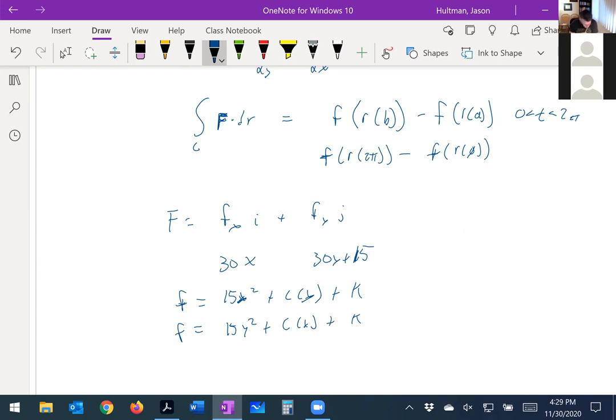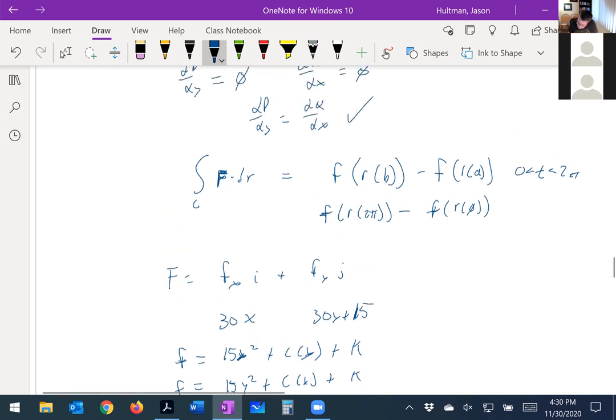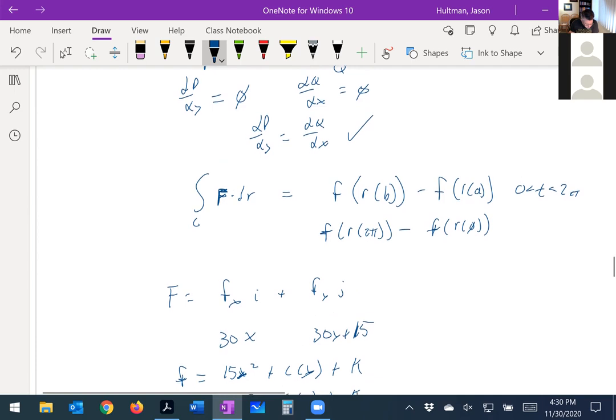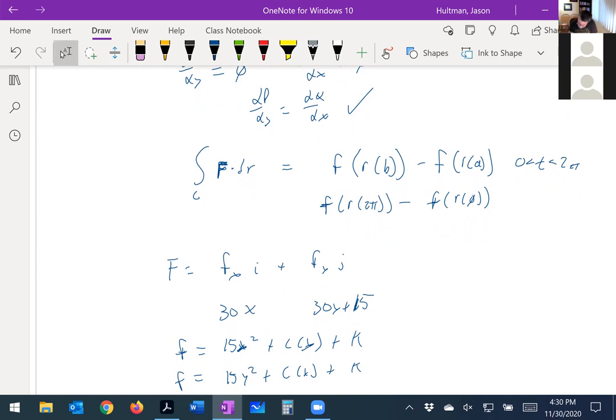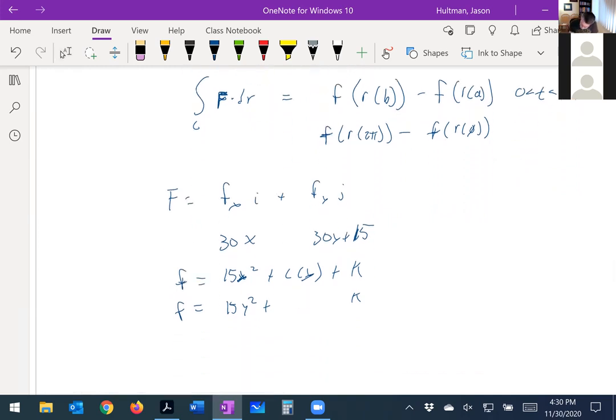Let me make sure I'm doing this right. Oh, I forgot the 15y. Plus this is 15y. So 15y squared plus 15y plus c of x plus k.